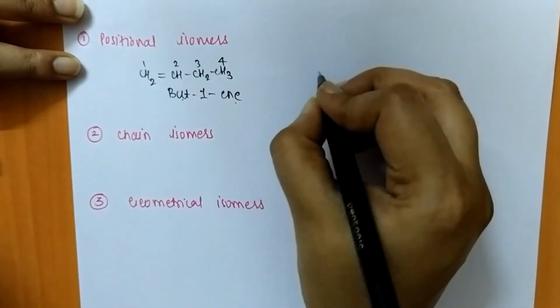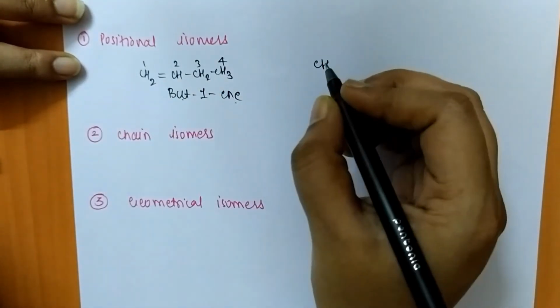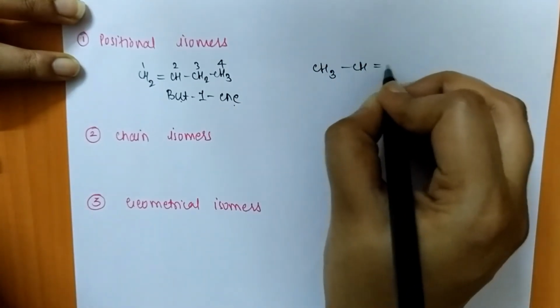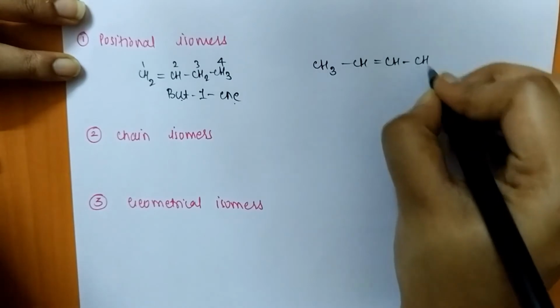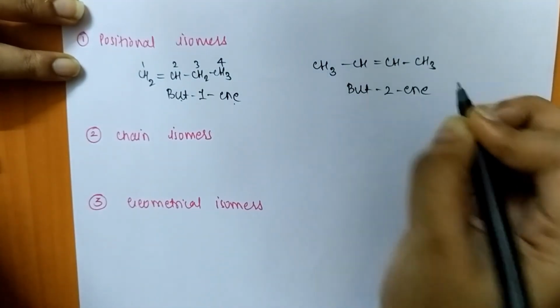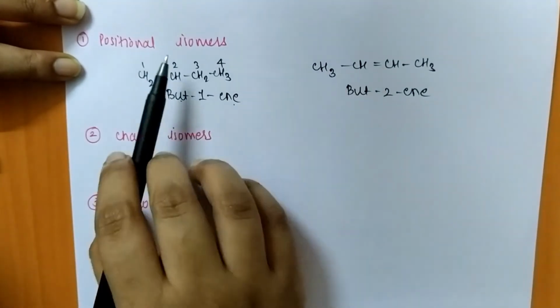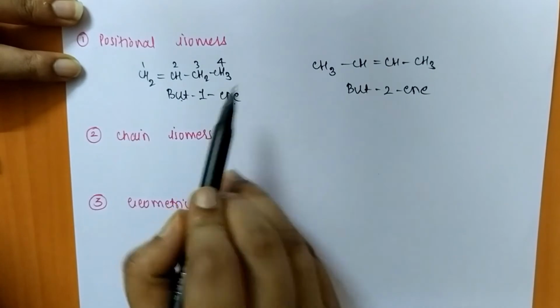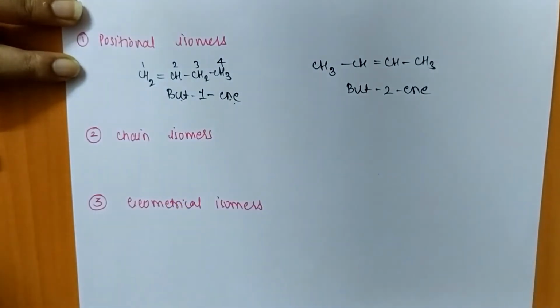Now the next compound, that is but-2-ene. The position of the double bond is different in both these compounds, and therefore these alkenes are positional isomers of one another.